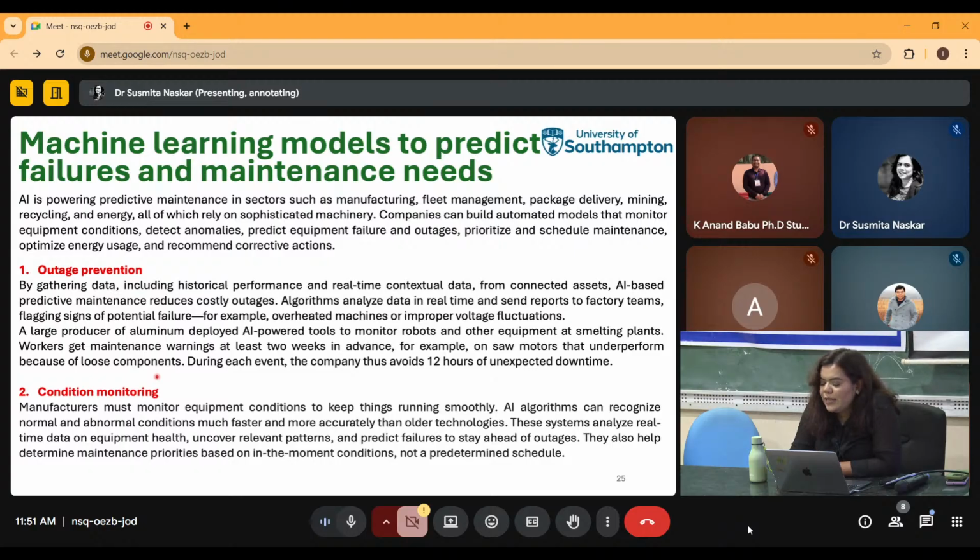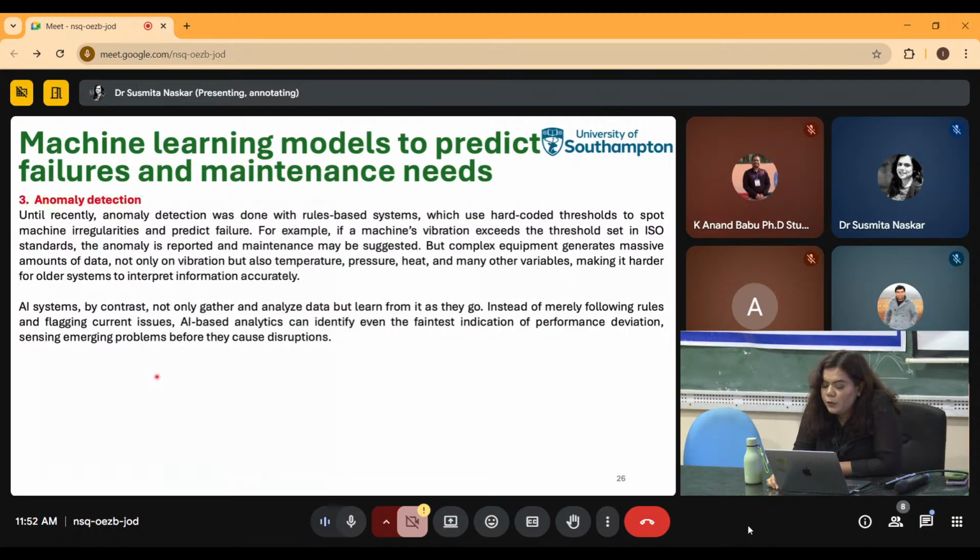Crucially, these models help determine maintenance priority based on live condition rather than a rigid maintenance schedule. In essence, artificial intelligence-driven predictive maintenance allows us to be proactive. It prevents failures before they can happen, and keeps operations running very smoothly.